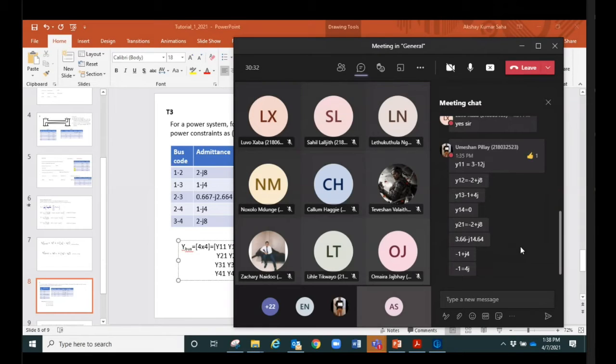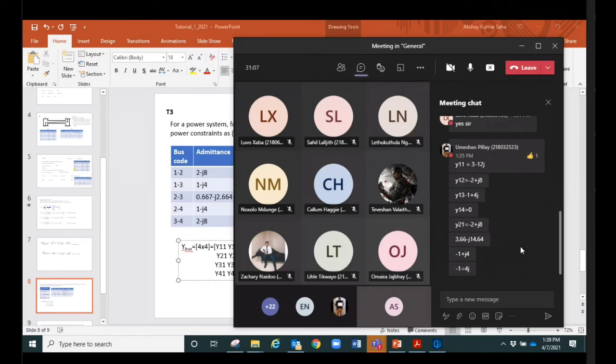And Y23 doesn't look correct. Y24 looks right, minus 1 plus J4, but Y23, can you check Y23? Y23 is actually minus small y23, so it will be minus 0.667 plus J2.664.